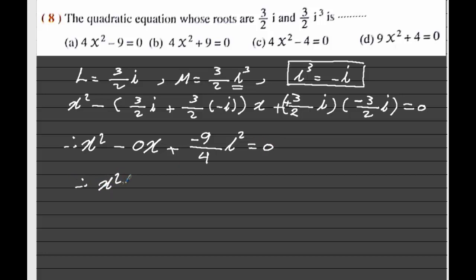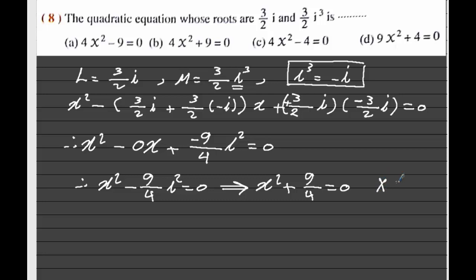So we can write the result in this form: x square minus 9 over 4 i square equals 0. Implies x square, i square equals negative 1, so write positive 9 over 4 equals 0. But we don't have this form here. How do we get it?